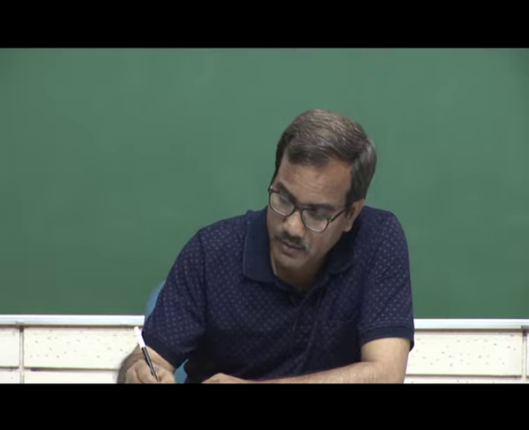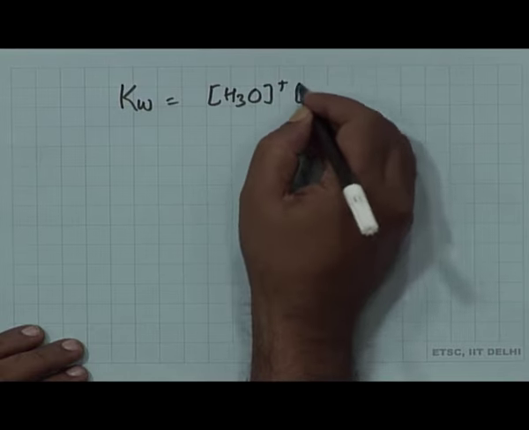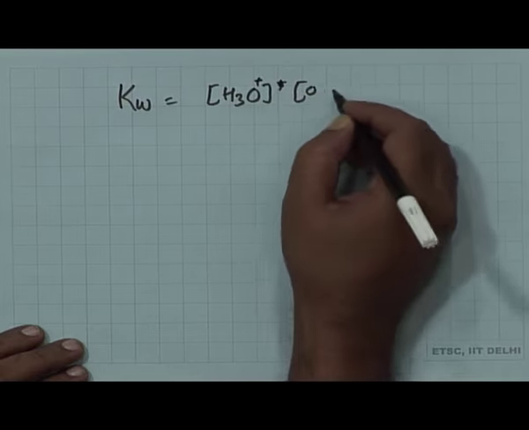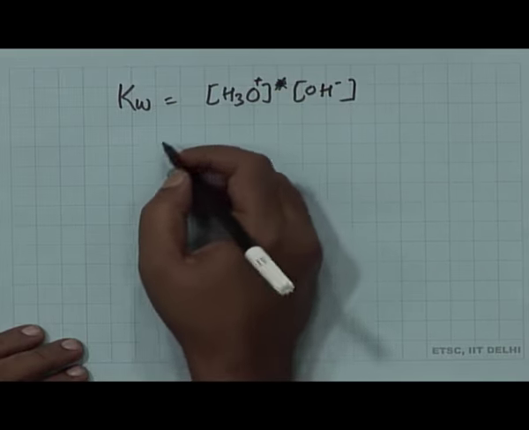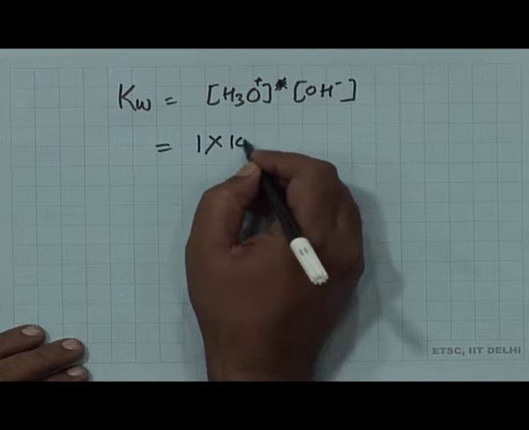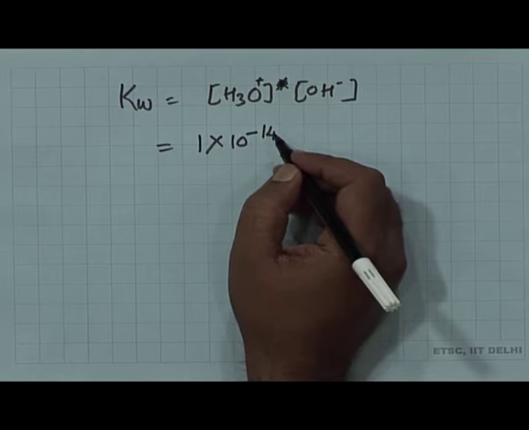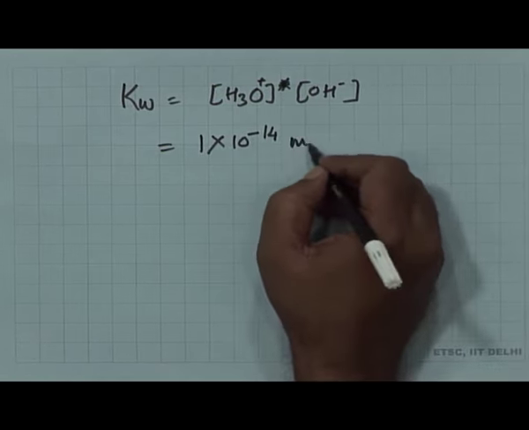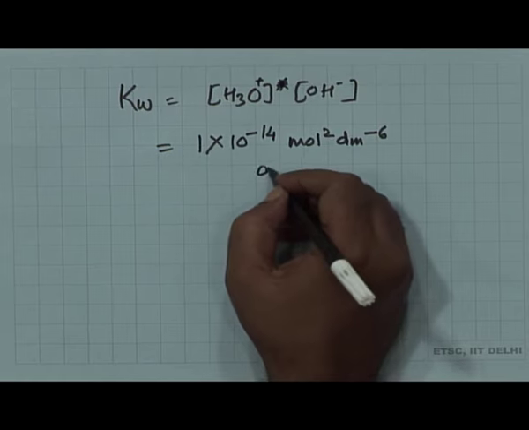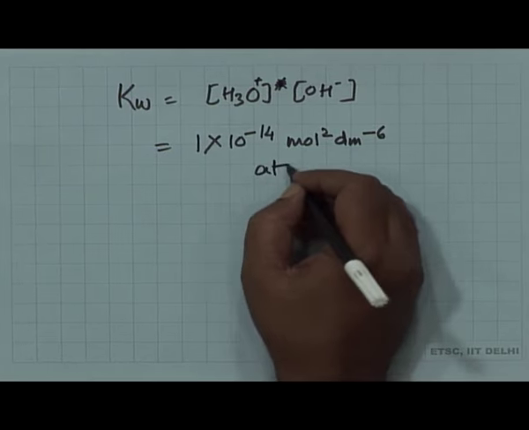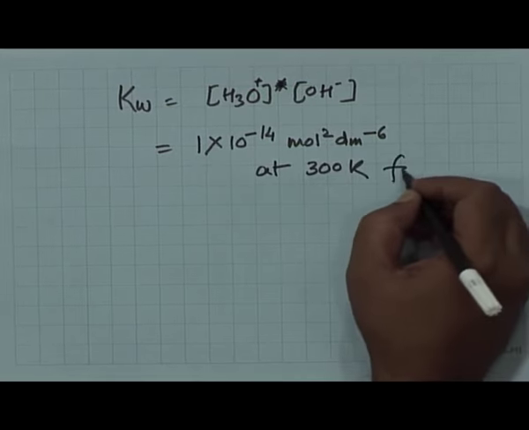So, Kw is equal to H3O plus into OH minus ion concentration, and this is equal to 1 into 10 to the power minus 14 mole square dm minus 6, and this is at 298 Kelvin, basically for pure water.